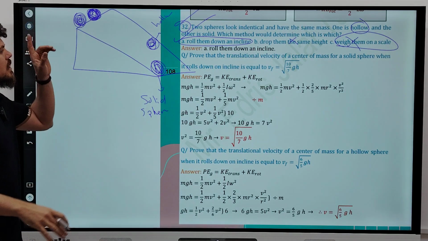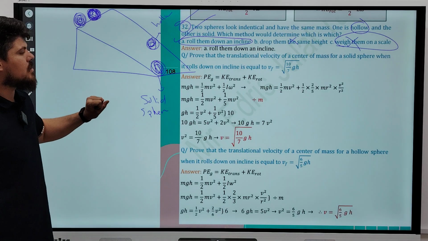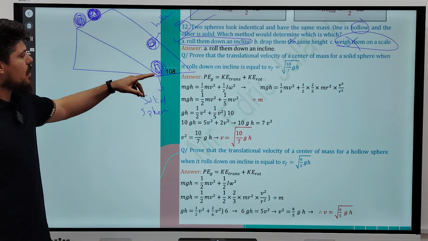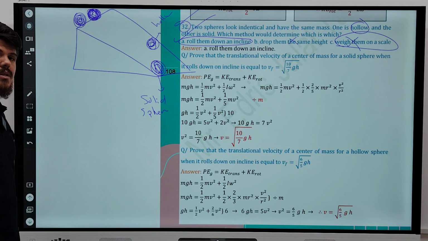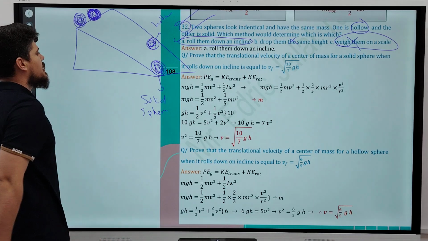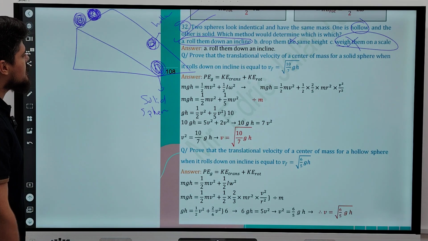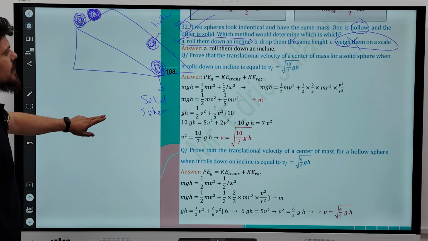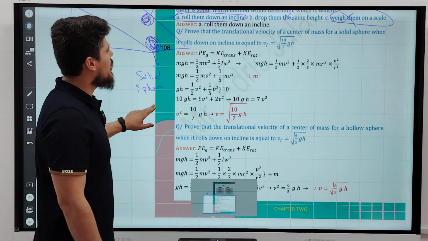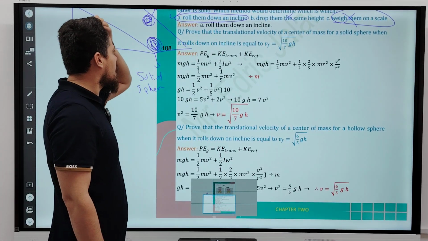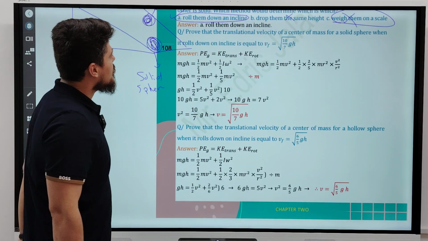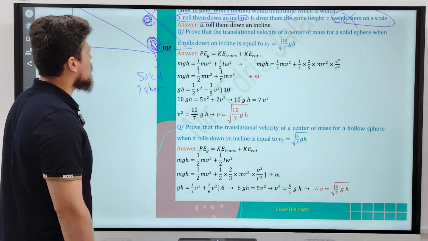In this way, you can determine which is which. The faster ball is the solid sphere, and the ball that comes after is the hollow sphere. So the best way is to roll them down an incline. A rough incline, not a smooth incline.